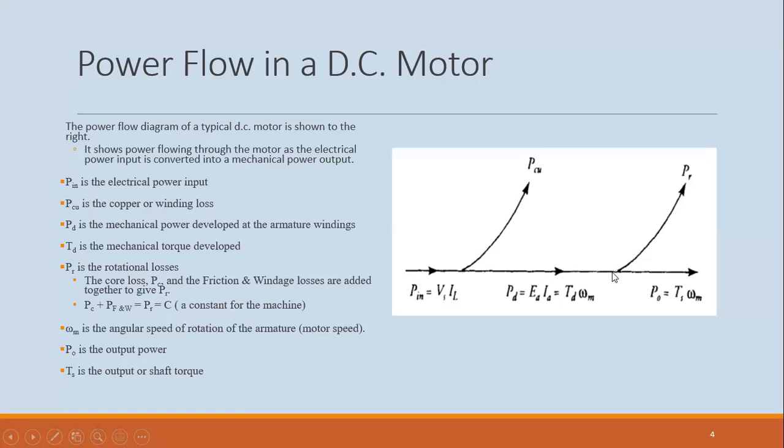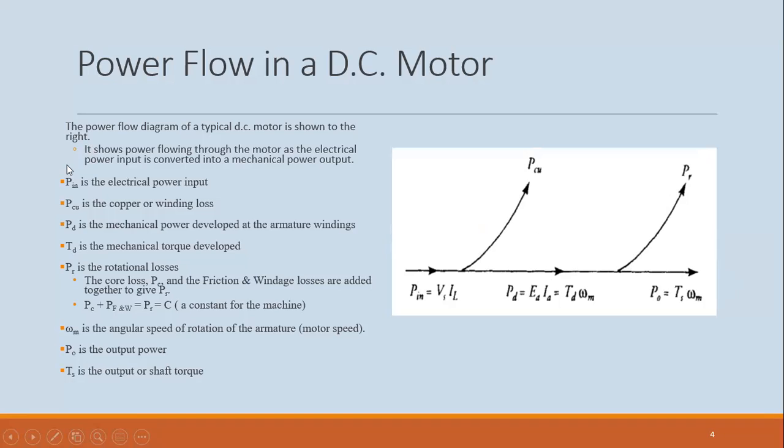And then that mechanical power that developed isn't available out yet as mechanical power until it overcomes friction and windage, the rotational losses. And then after it does that, then the machine will rotate and give you mechanical power output.